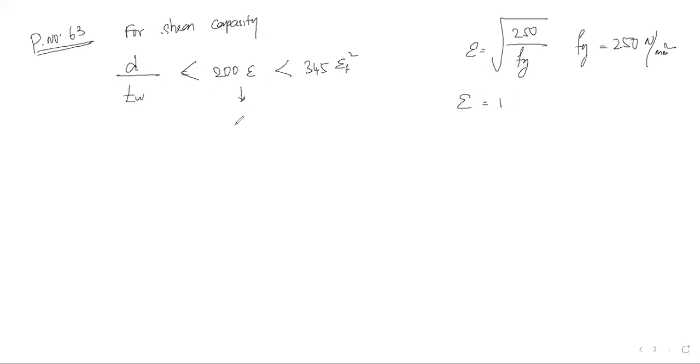The first is with respect to shear and the second is with respect to serviceability. So d/tw is 1800 divided by 12, which gives 150. It should be less than 200 and less than 345. So the condition is also satisfied.